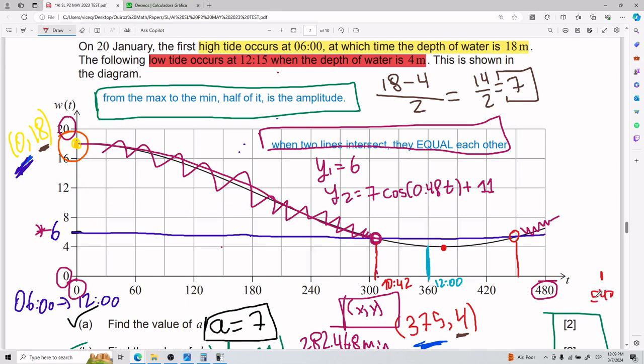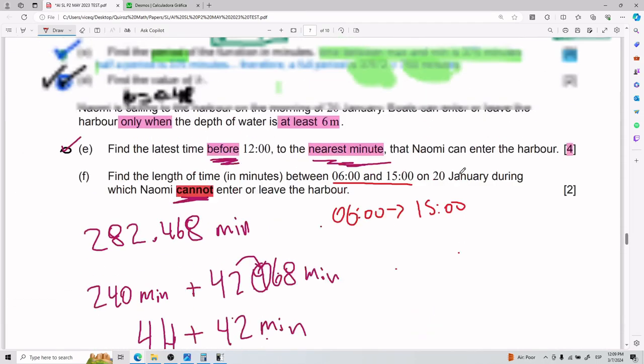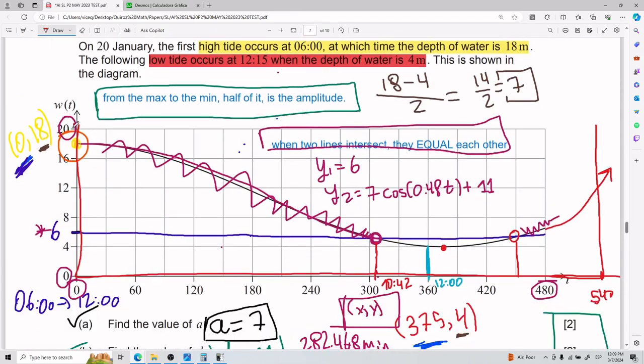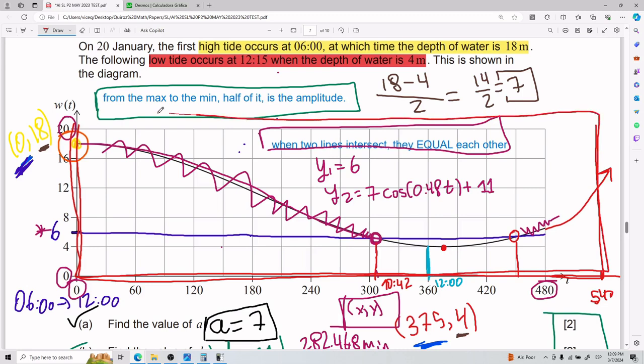So basically, the exercise is asking, in this function, between 6, which is what I'm seeing here, and 3 o'clock, which is here. Wait, was it from 6 to 3? Yeah, from 6 to 3. So from all of this part, where is it that Naomi cannot enter or leave? The only place she cannot enter or leave is when it's below 6 meters, and the only part of my diagram that is below 6 meters is this sliver right here.